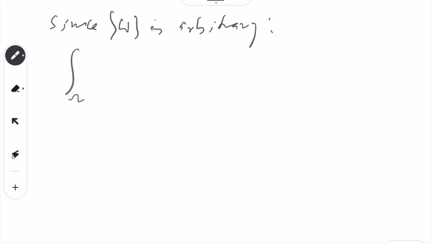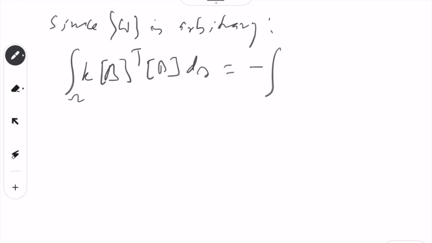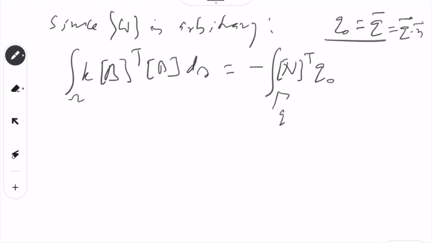So this is omega and k b t b d omega is equal to minus q, and then we have to write n t q naught, where q naught equal to q bar basically, equal to q dot n given.